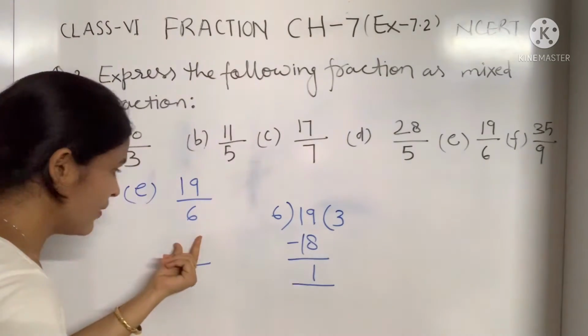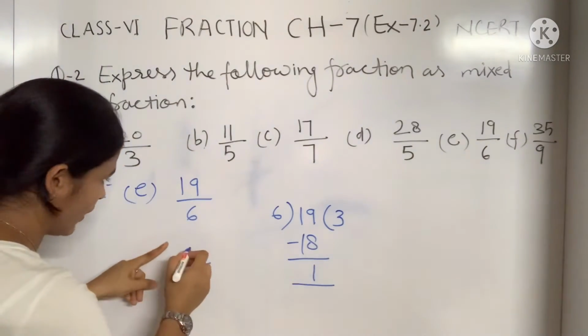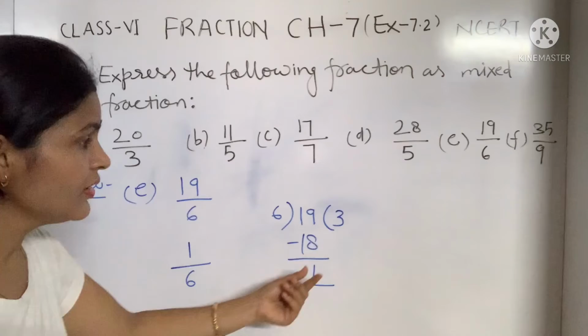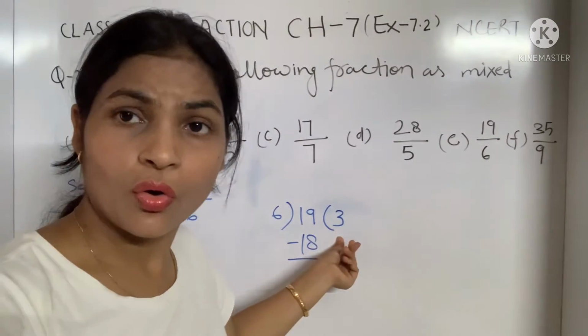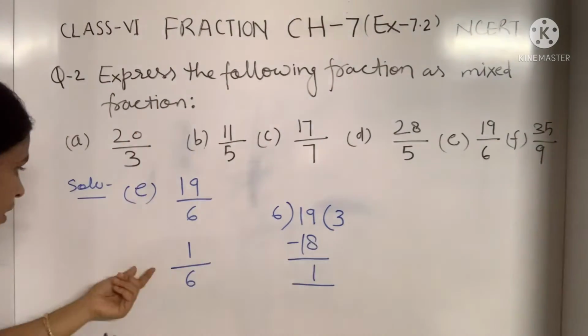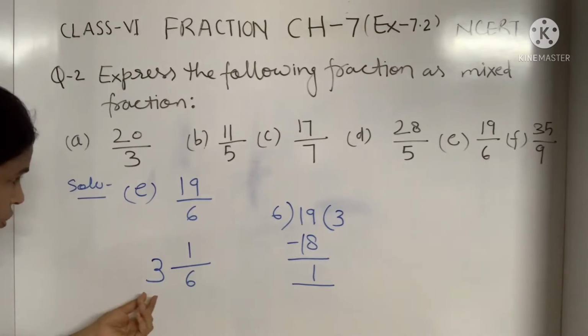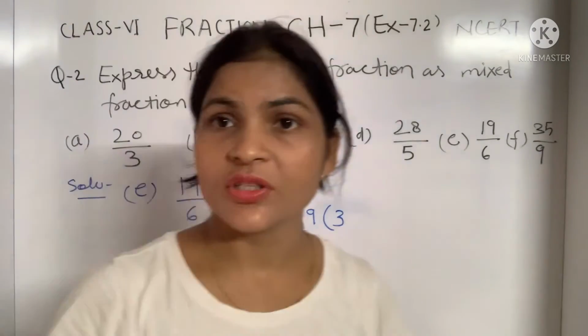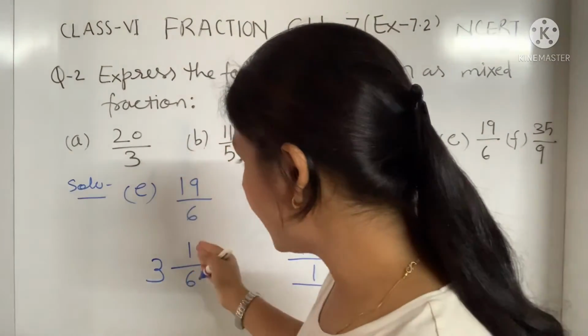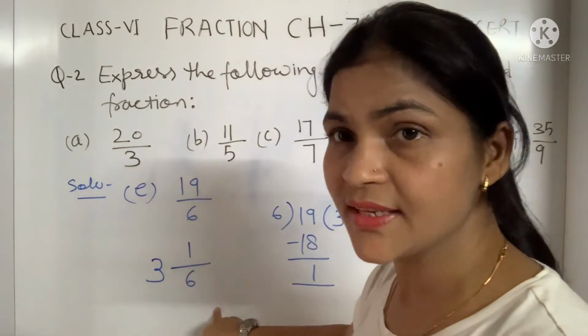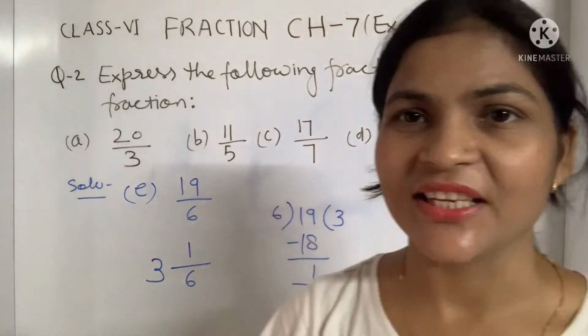The remainder always goes up in the numerator, so 1 goes here, and the whole part always goes in front, so 3 comes here. So I can write 19 upon 6 as a mixed fraction: 3 and 1 by 6. Now move to the next part.